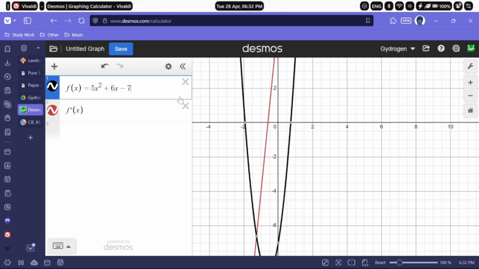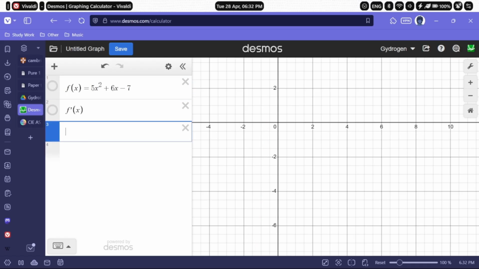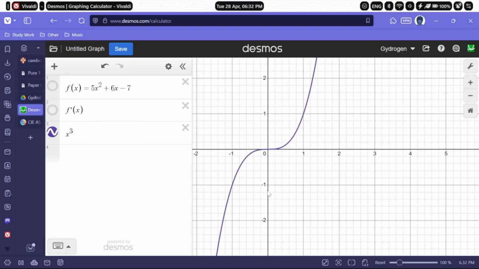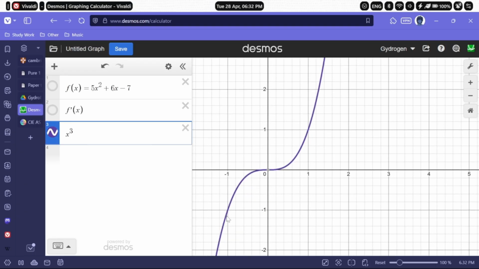The best example for that is x cube. If you look at x cube, let's say you have a point and you're slowly increasing. So your gradient over here would be positive. Obviously, it's going to be positive. You go over here, your gradient is 0, but then it's again increasing, right?